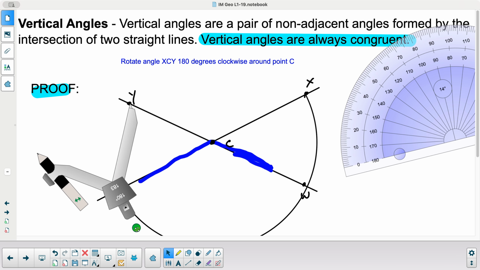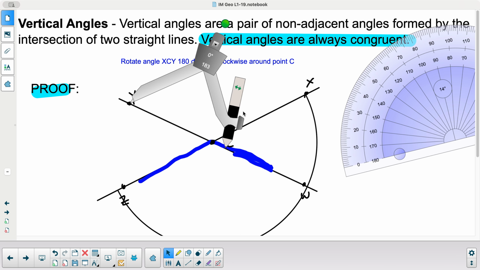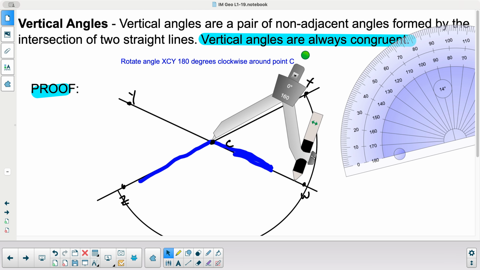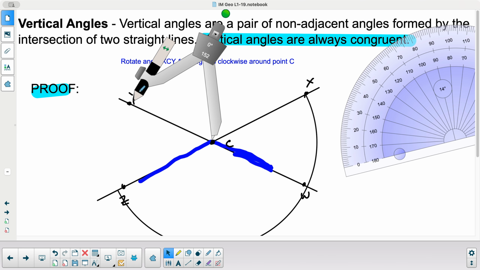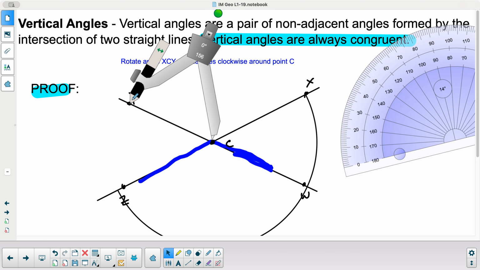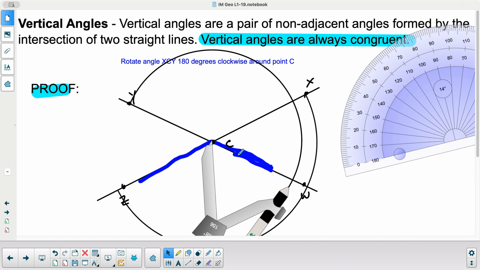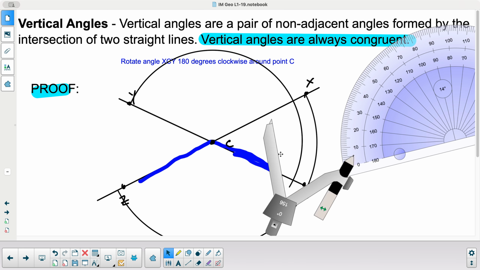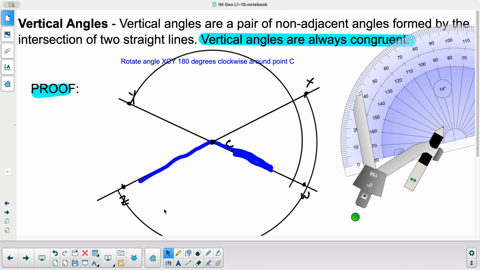Same thing with the Y here. That will swing 180. Oh, wait, I'm in the wrong spot. It's going to swing 180 right there. So, whoops. Move that thing. All right, so there's my Y prime, and there's my X prime.